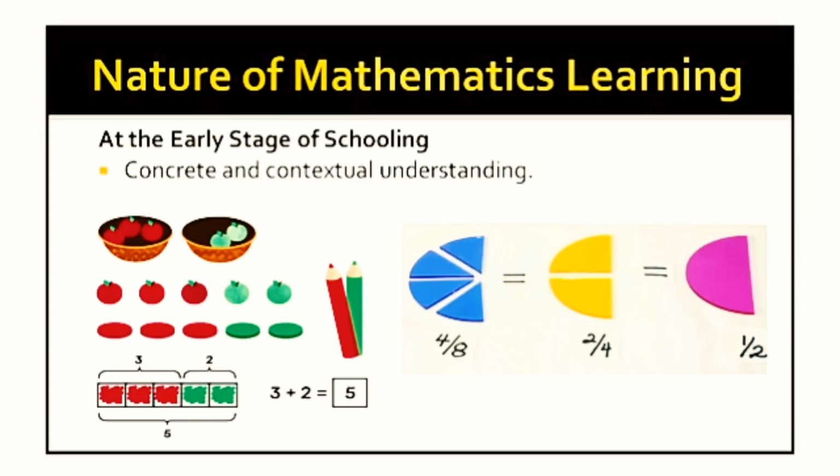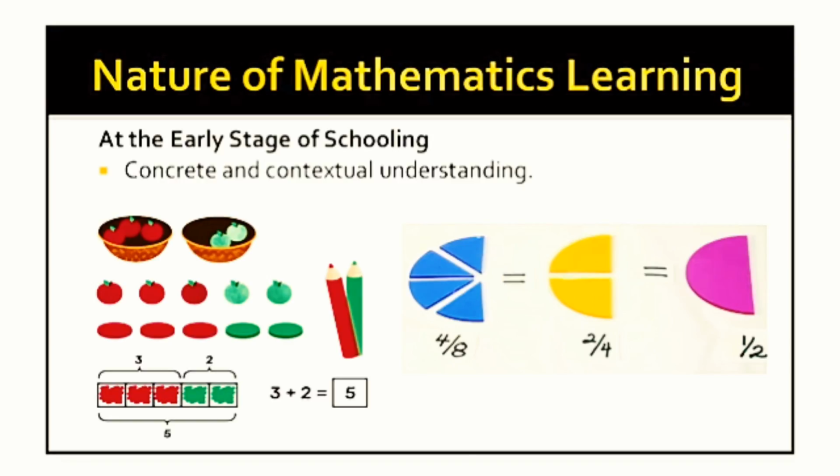And in another example, again you can see here that when we give the concept of fractions to the students, 4 by 8, 2 by 4, 1 by 2, these are just symbols which are formed in the mind, but they would learn easier if we make them visualize the symbols.